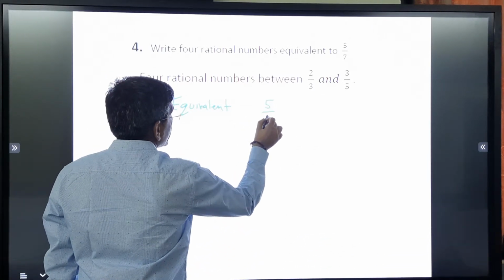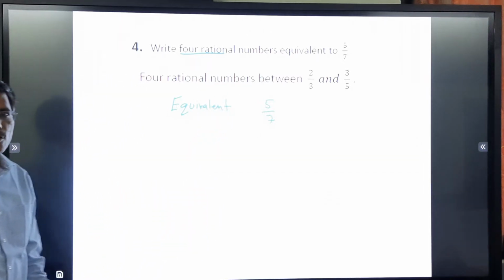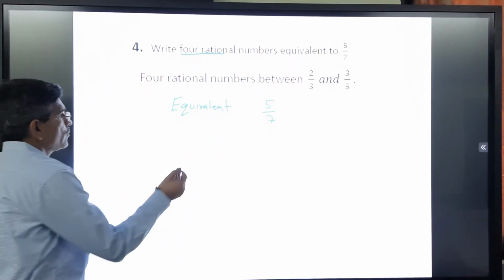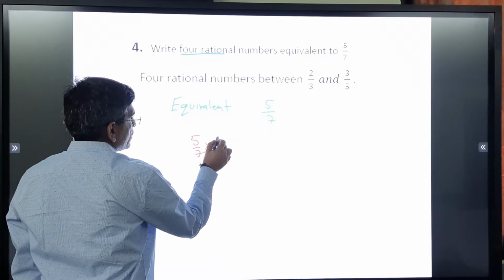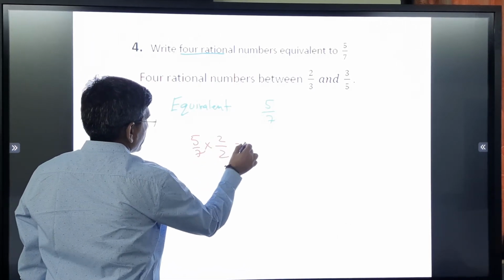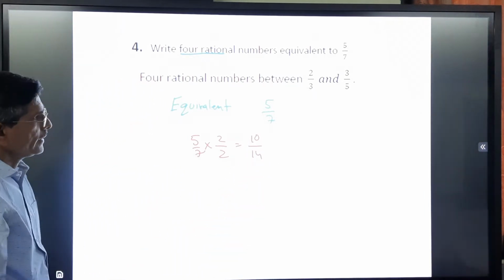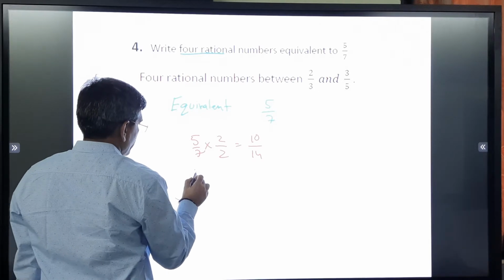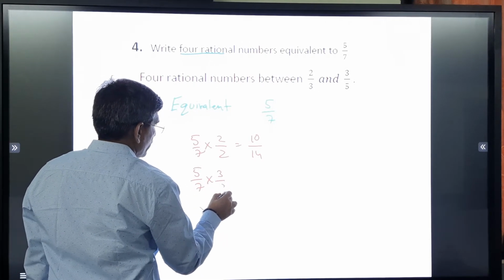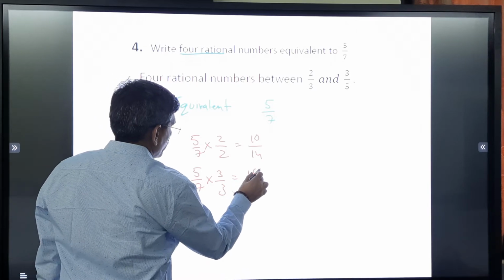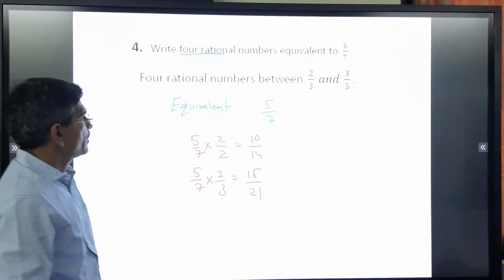How many numbers do I have to find out? 4 numbers of equivalent. So what do I have to do? Multiply both numerator and denominator first by 2. So I will get 10 upon 14. Again now multiply 5 by 7 by 3. It is called equivalent. So 15 upon 21.